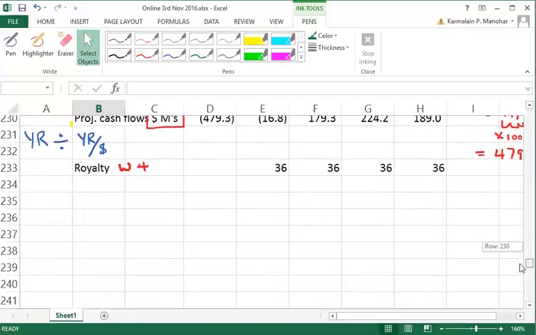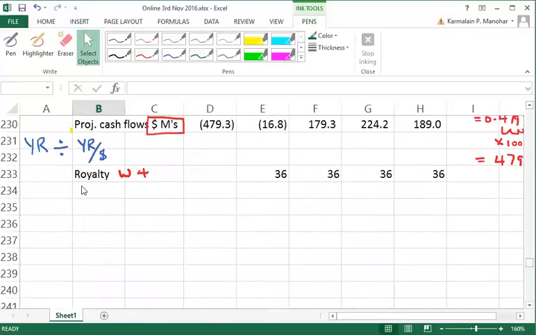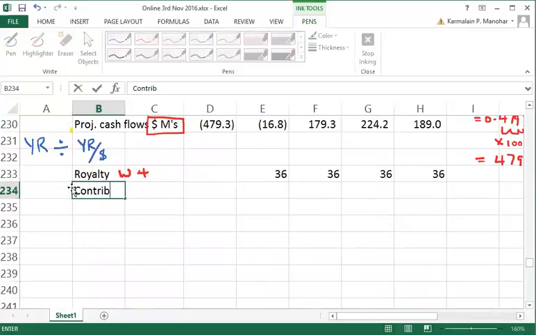Royalty and contribution. 80 plus 80 from component.